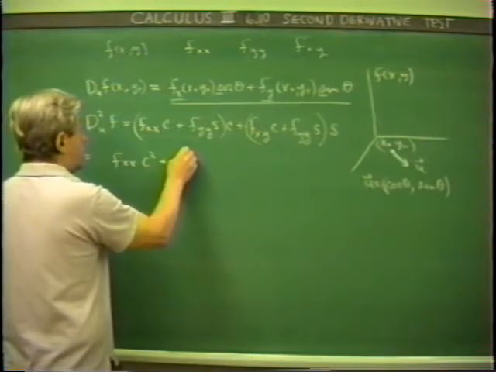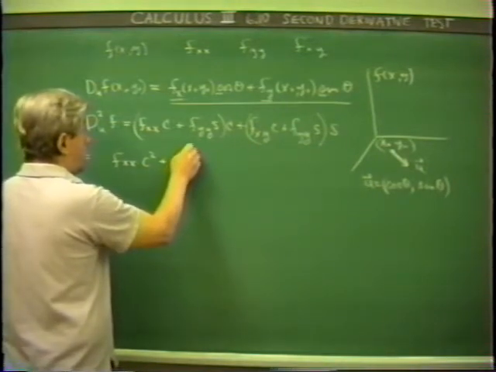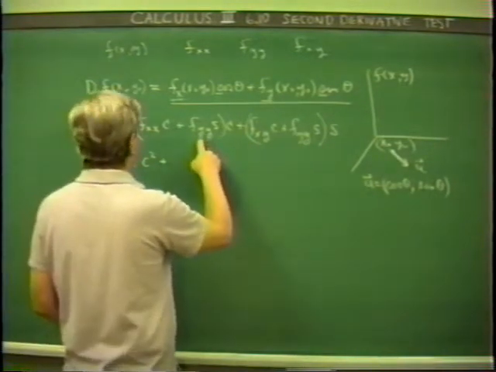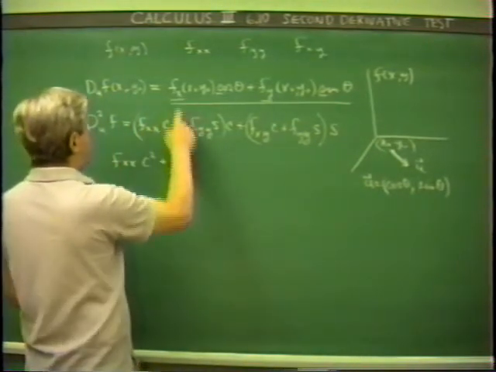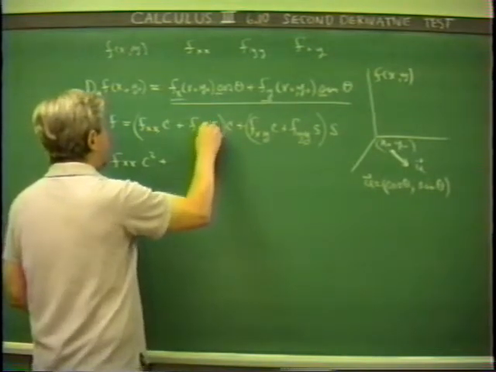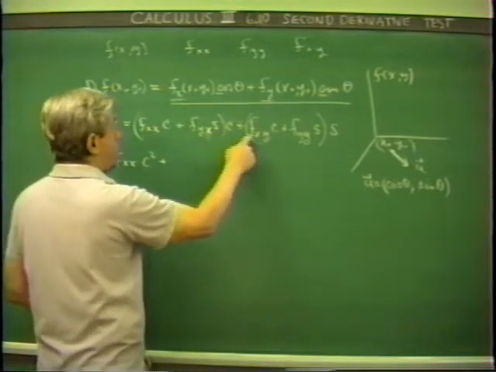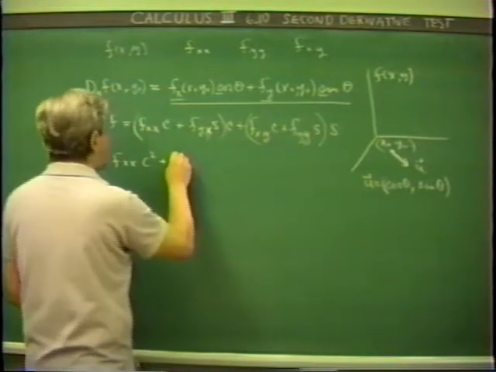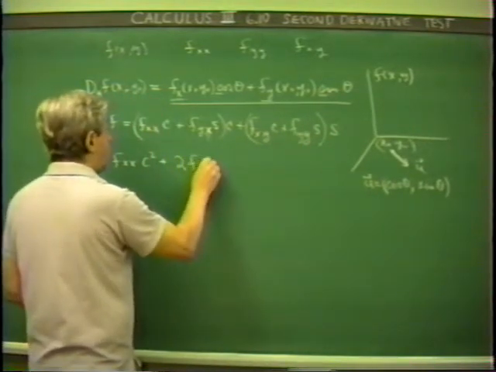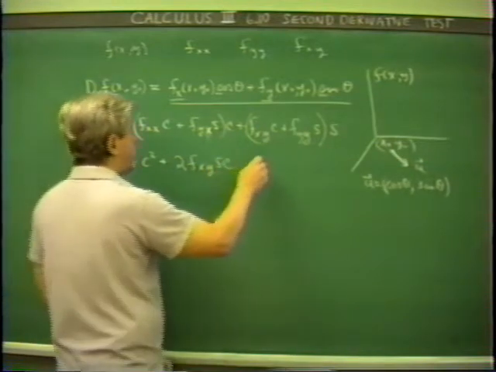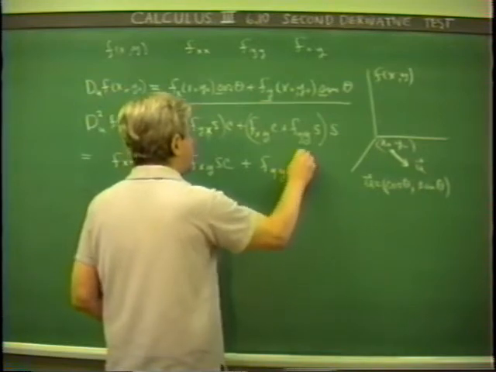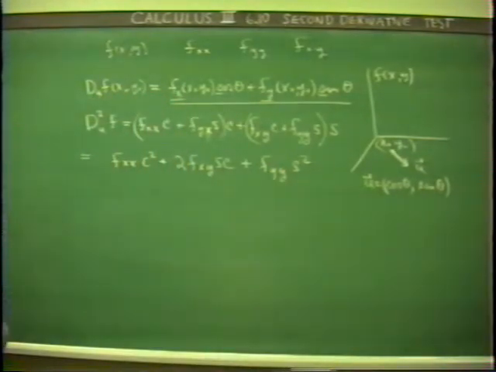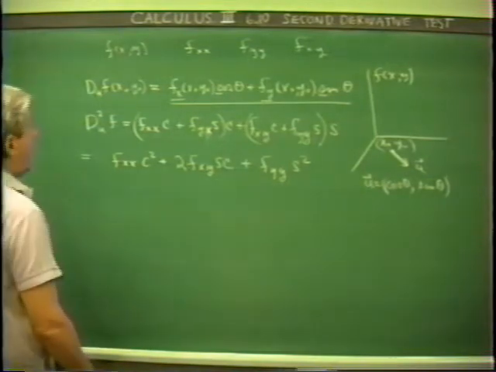So this is going to be equal to fxx c squared plus fxy sc plus fxy sc, so we've got plus 2 fxy sc, plus fyy s squared.